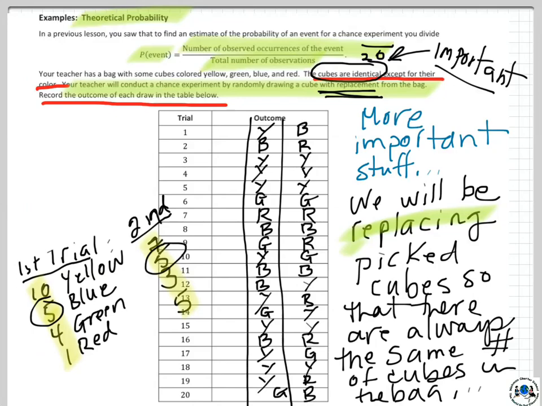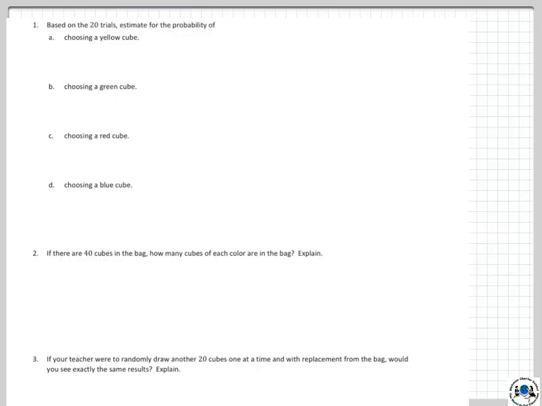Now again, you don't know how many cubes I have in this bag yet, or how many of each color. I think you get the sense that there are 4 colors in that bag. Could there be a 5th color? Absolutely. Could be purple or something in there. It could very well be. But we'll move on here.